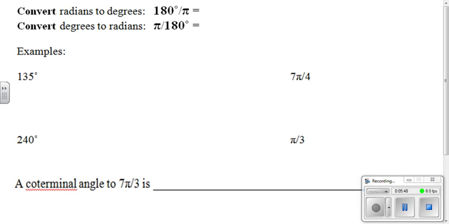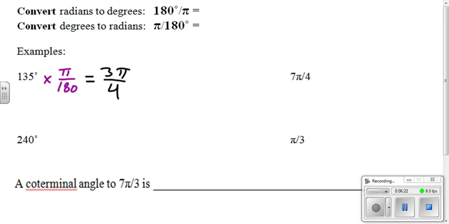Getting those out of our way, if we wanted to do a little more example work here, we would take 135 times pi over 180, in which case we would be left with 3 pi over 4, because 135 over 180 is going to be 3/4.